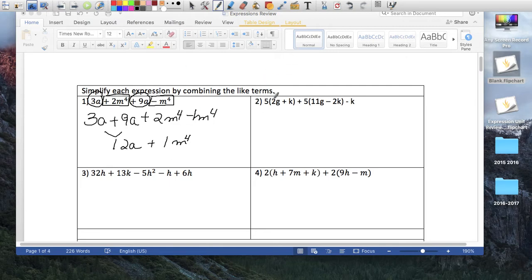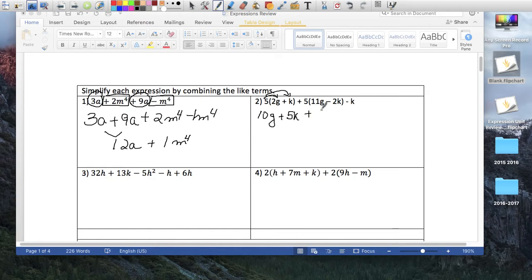Number 2, I can't combine anything as it is, so I have to get rid of these parentheses, and one way of getting rid of the parentheses is by doing the distributive property. I'm going to multiply this 5 by every term inside. 5 times 2g, 5 groups of 2g's, I will get 10g. 5 times k, I will have 5k's.